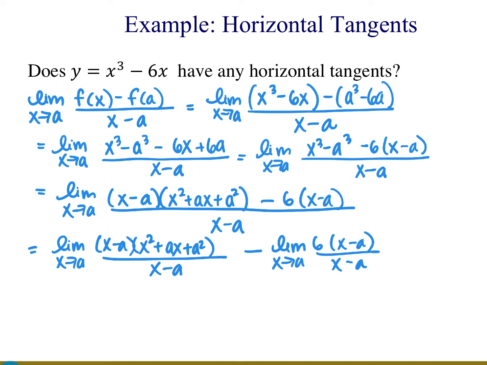Why is it good for me to do that? What do you see that I can do once I've done that? Why is it good to split it up? What do you see about this? Cancel out. It does. It cancels out with here. Okay? But what else do you see? Cancels out over here too. If I had not done my common denominators and I tried to reduce before, then maybe I wouldn't have reduced right.